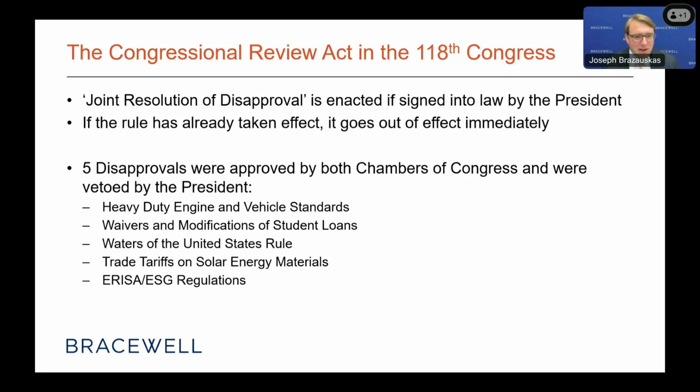So you might be asking yourself, why is Congress taking this time to act on these joint disapprovals if they know the president is just going to veto them? Well, a lot of this is about messaging, right? Republicans in the House particularly have long been on a platform of pushing back on the Biden administration's regulations.